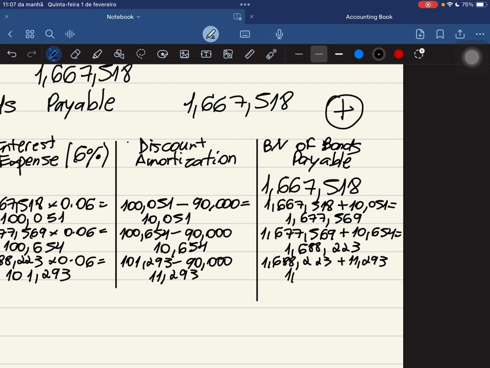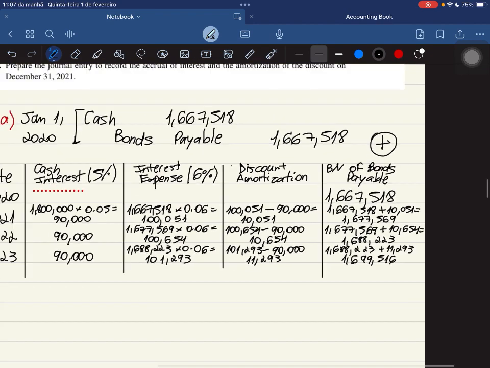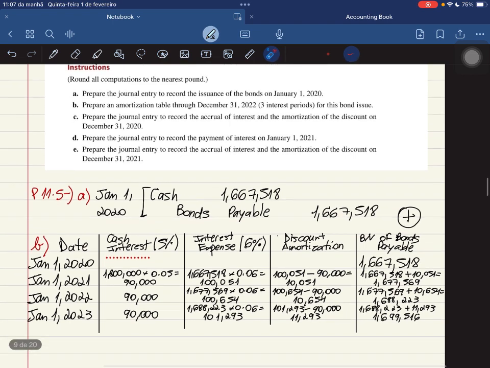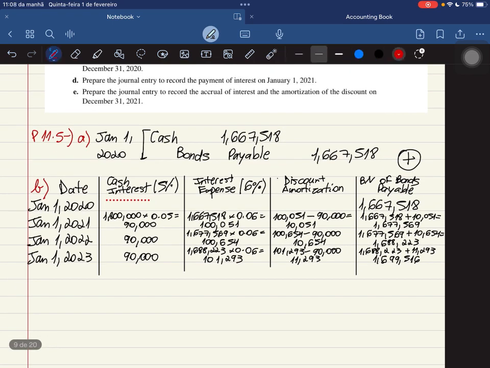Yes, okay, that gives us 1,699,516. Okay, all right. So for letter B, they just asked us to prepare this table until December 31st of 2022. We did until January 1st of 2023, but that's okay because we're going to need this column in the future. All right, let's move on to letter C.